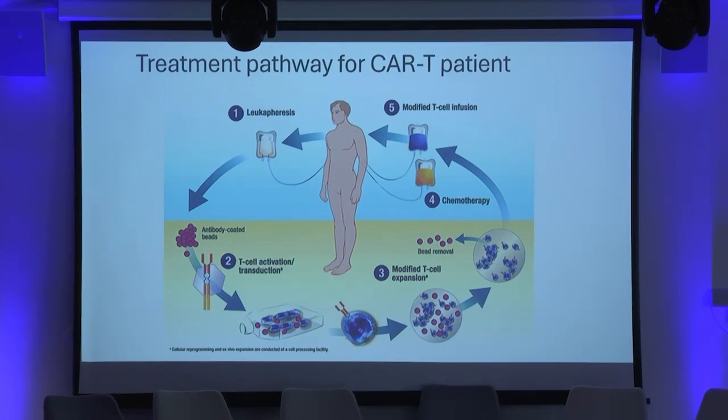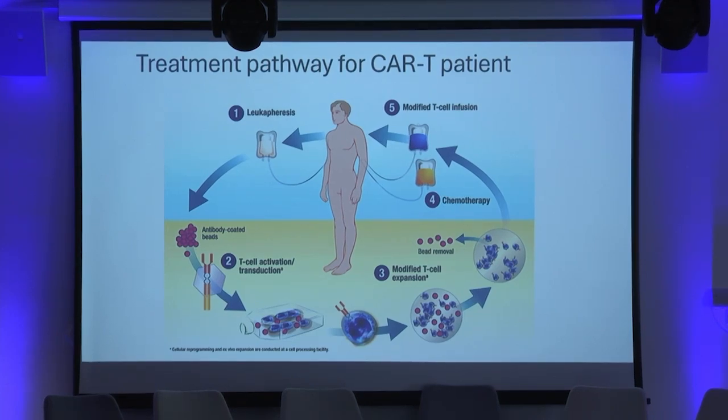But prior to that administration, we typically give chemotherapy at an intermediate dose in order to create space within the blood compartment for these T cells to expand. The T cells then traffic to the tumour, and in theory, they'll cause a regression of a tumour. Now, unlike other types of medicines, we think of this as a living drug.